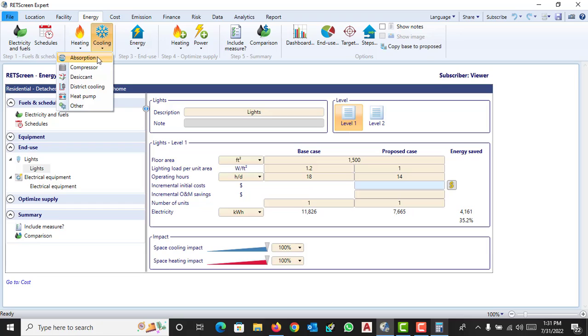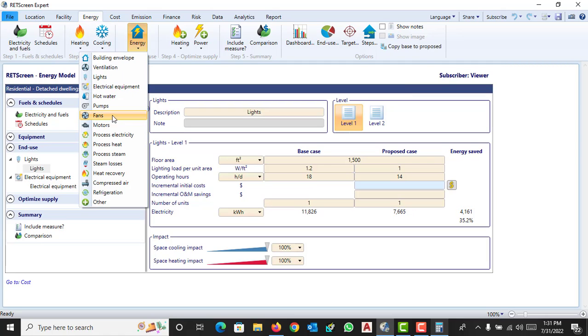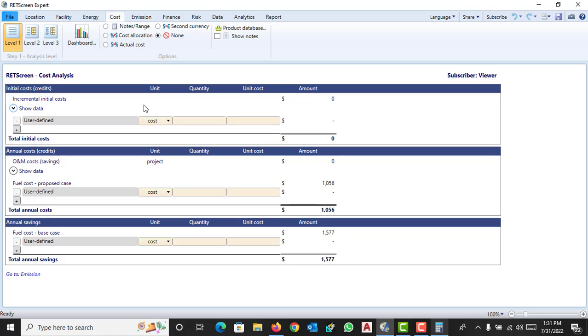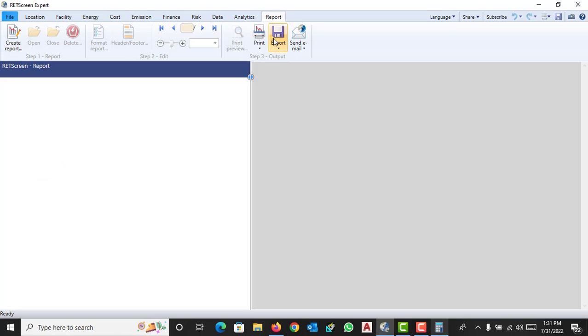You can add any type of equipment. If you are dealing with a commercial building, you have absorption chillers, compressors, desiccant dryers; if you are dealing with district cooling or heat pumps, you can add each and everything, their data with base data and proposed data. So it will calculate everything for you, and in the end you will generate a report.